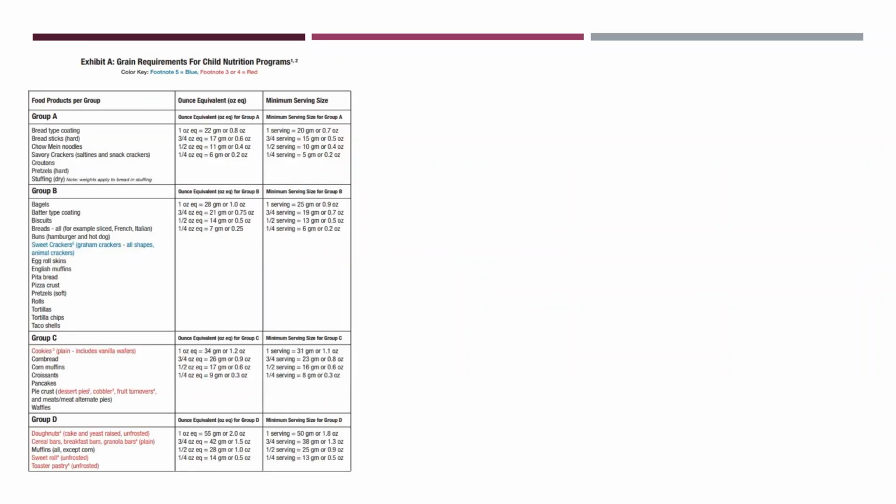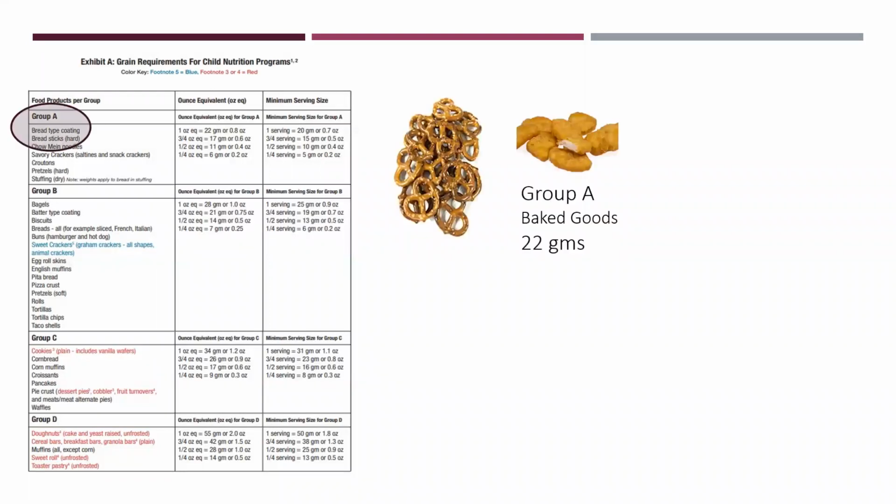Exhibit A, as I mentioned, categorizes foods into different groups. So let's explore those groups and see examples of what food belongs to each group. Group A has food items like saltines, hard pretzels, breading on a food such as chicken nuggets or a corn dog.